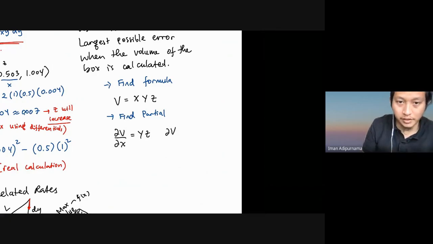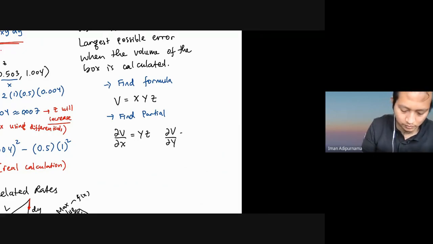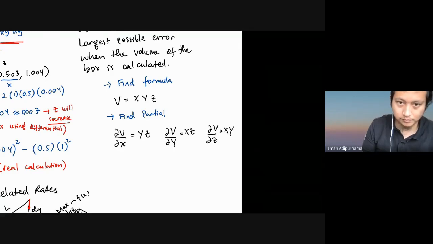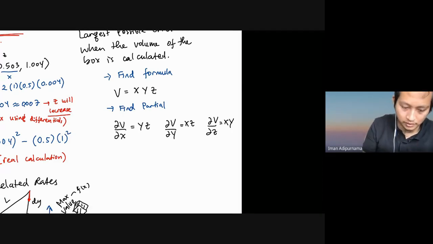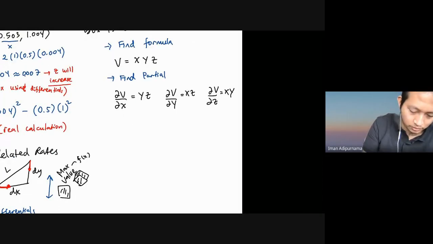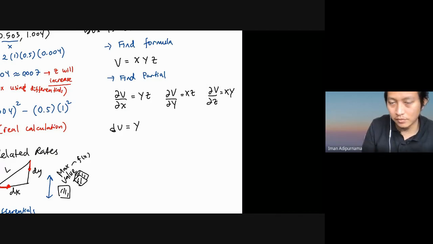And we now have three variables. So partial y and partial z. And then we need to evaluate. We need to put into our dV. So the differential equation can have more than two variables: three, four, five. It can happen, but mostly it's either two or three. So we can apply all this.